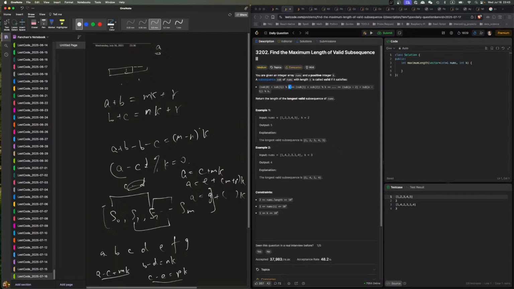It can be A plus something K or A minus something K, right? That will be the next one. And then the next one will be the same.